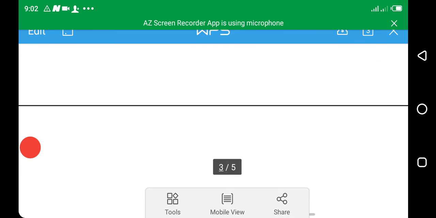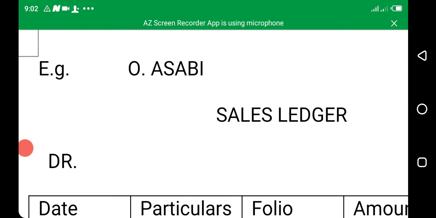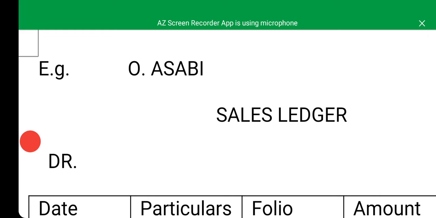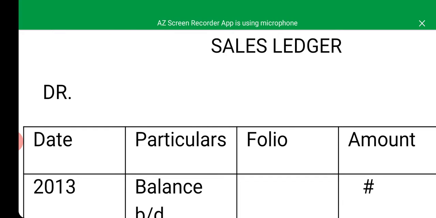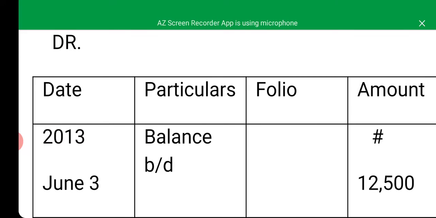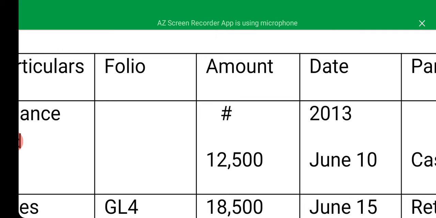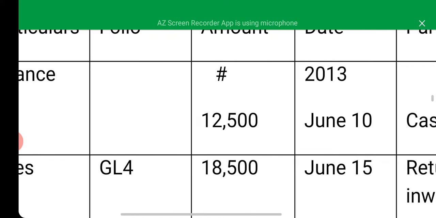So here we will need to look at the example. The example we want to treat is the account belongs to O Asabi. So here is our sales ledger for the year. Like I've said, it has two sides, debit and credit sides. Debit particular folios amount for debit side and date particular folios amount for credit side.